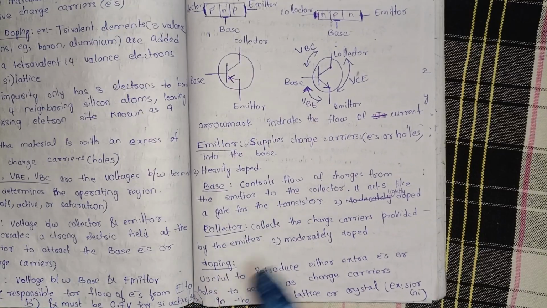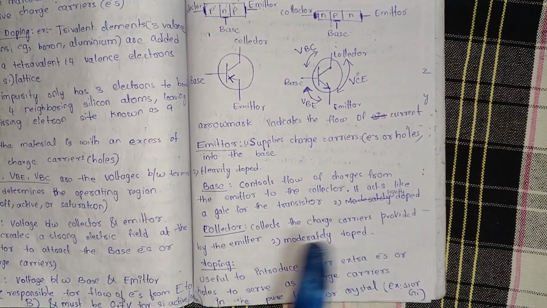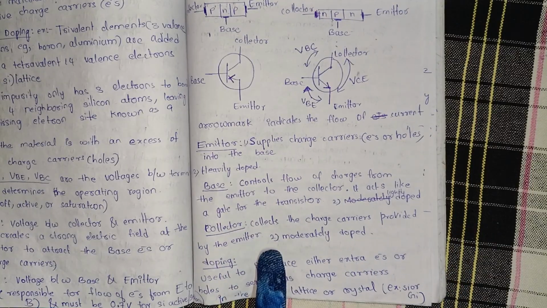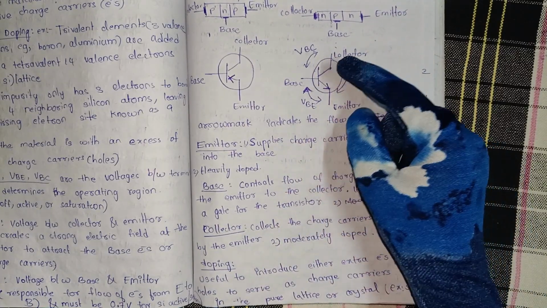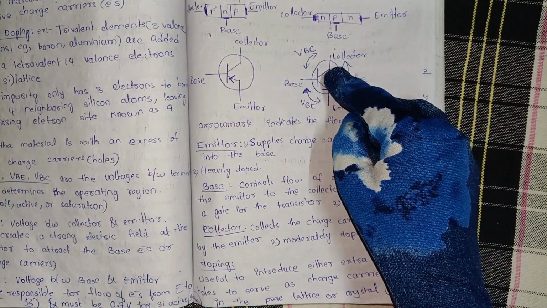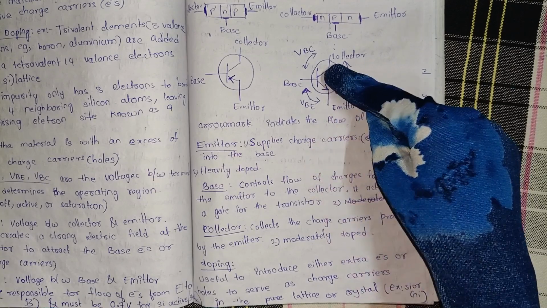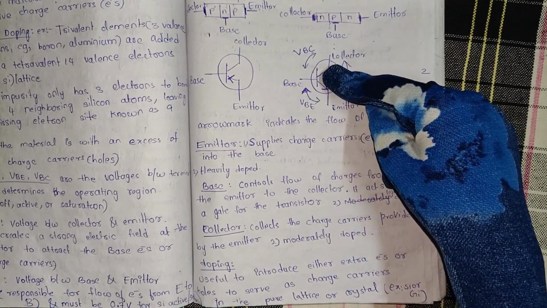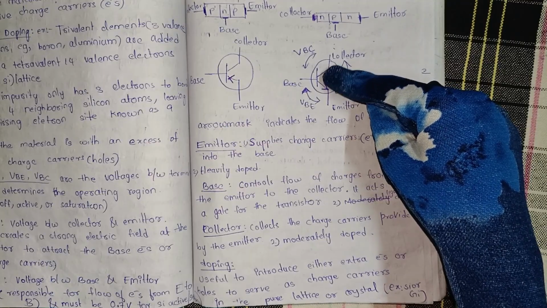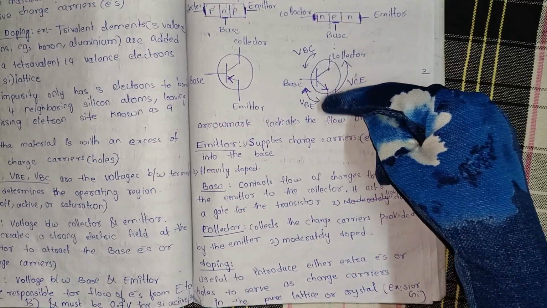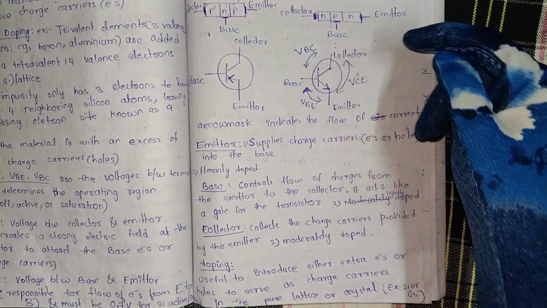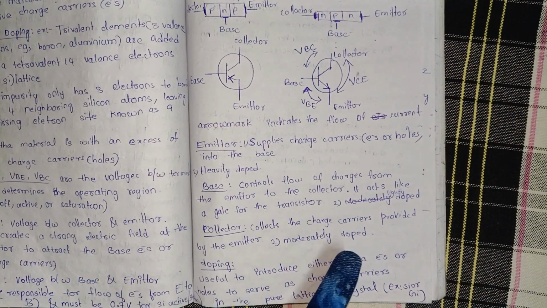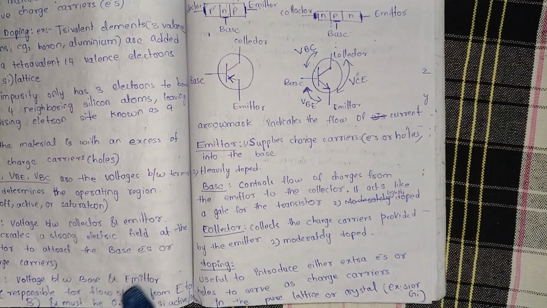And the collector collects the charge carriers provided by the emitter. Here is the collector which collects the charge carriers, like electrons or holes, provided by the emitter, which is through the base only. Okay, and it is moderately doped.